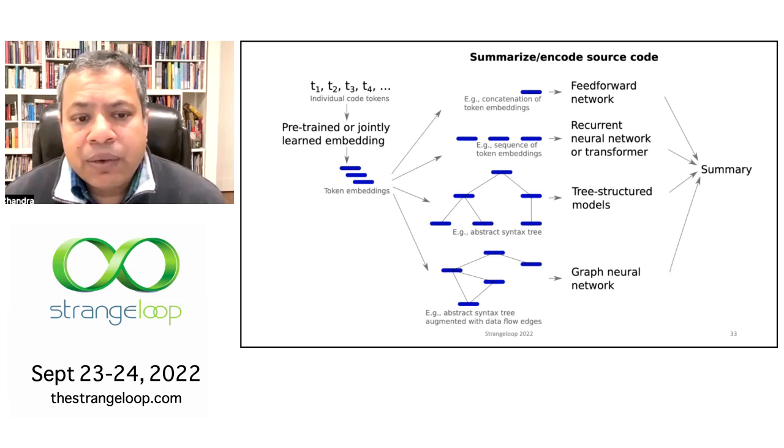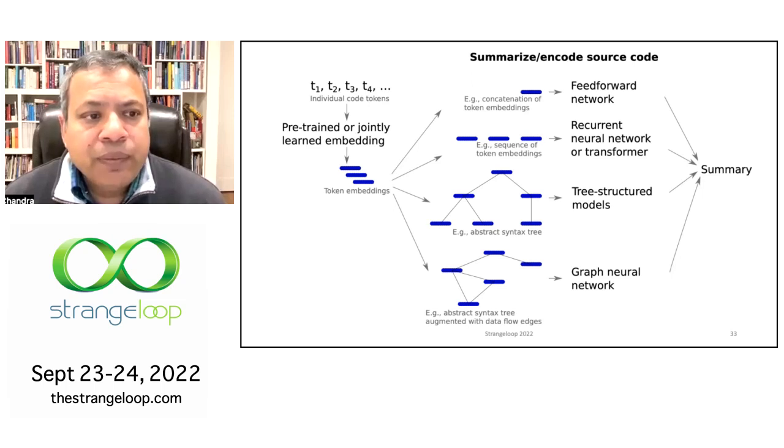And then how a neural network is used to create this summary representation, there are lots of choices. So for example, you may be using a feed-forward network where you just simply input the token embeddings as a concatenation of them, and out comes a numerical representation.